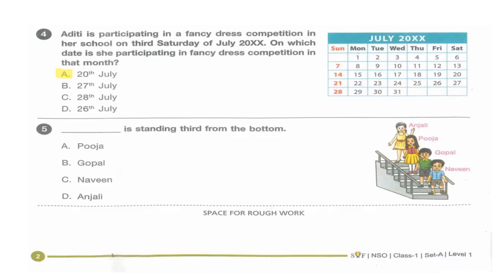Question number 5. Dash is standing third from the bottom. A. Pooja, B. Gopal, C. Naveen, D. Anjali. Please refer the picture to find the position of each of the kids.